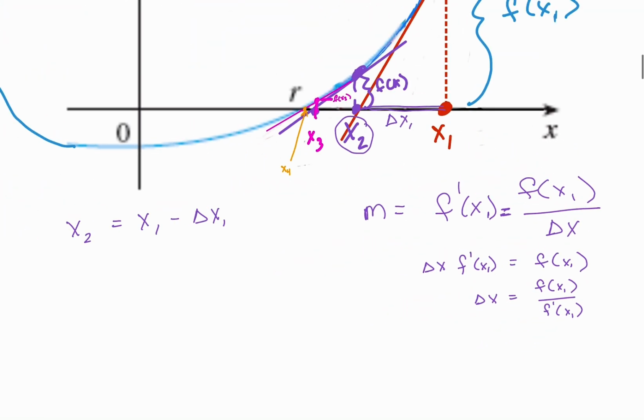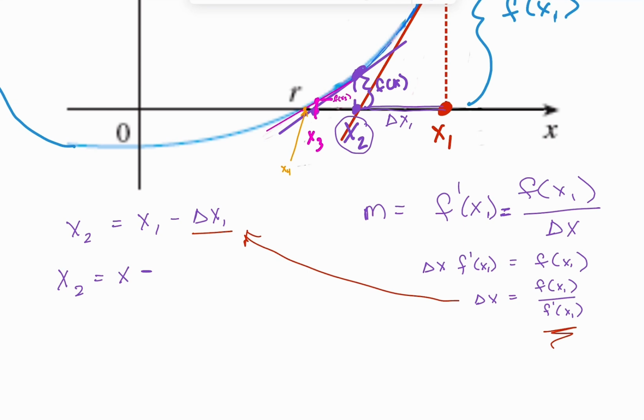So I can find delta x, and I will use that to substitute back into this, and now I can find x2. So x2 equals x1 minus, and then our delta x1 is substituted with this function divided by the derivative function evaluation.